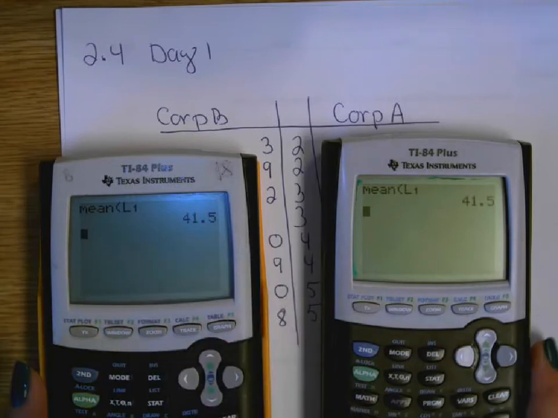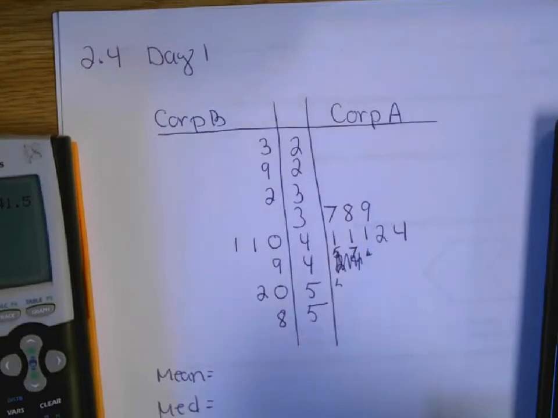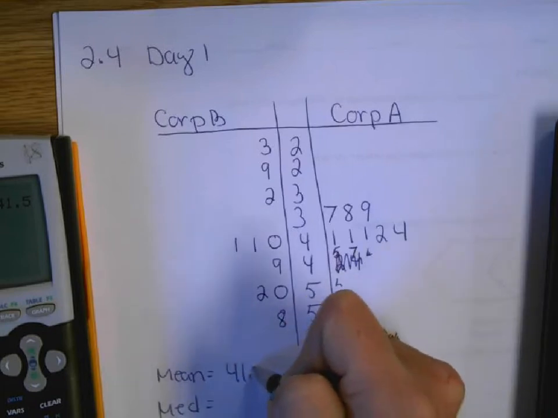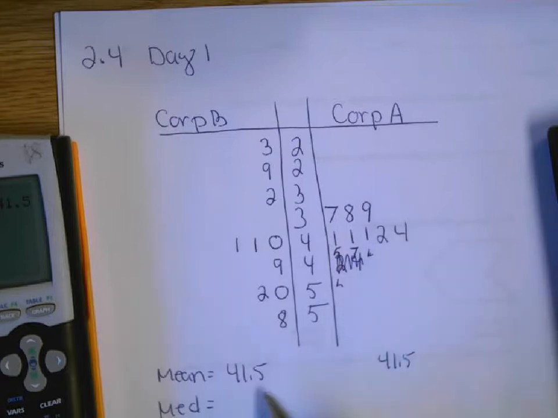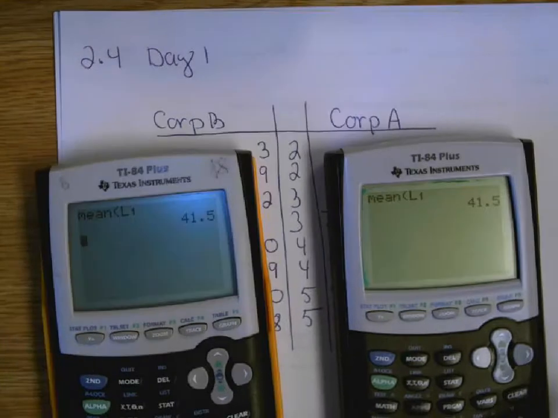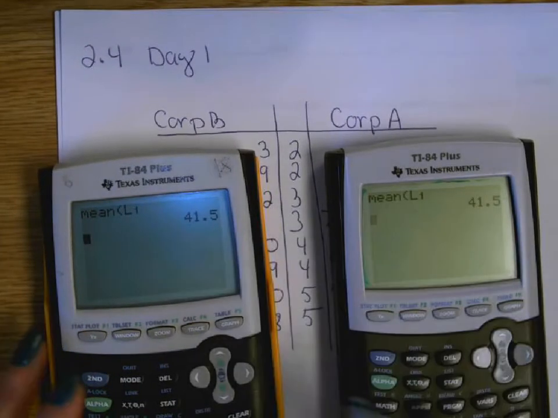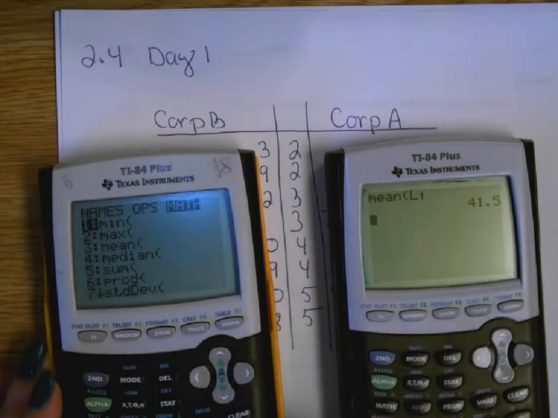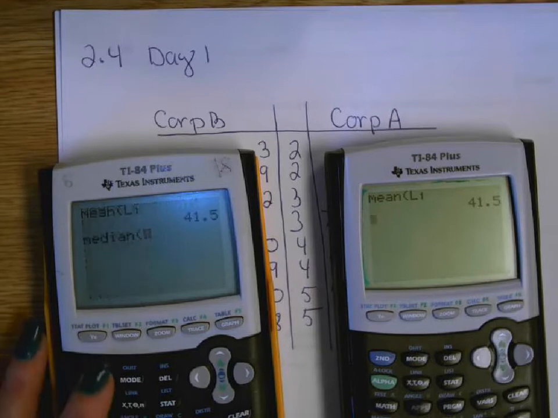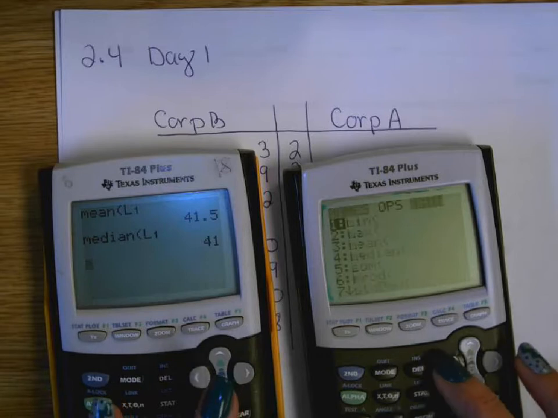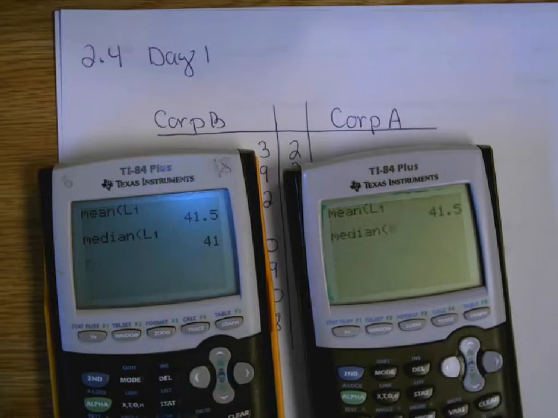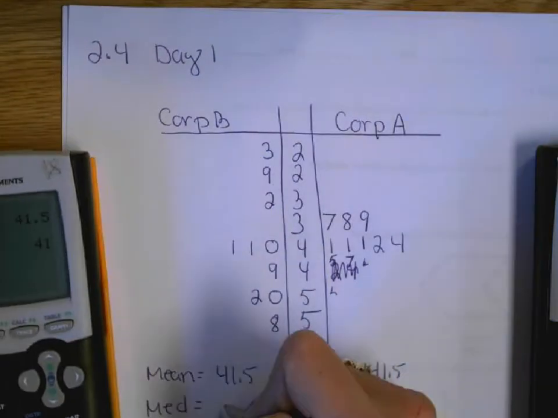Oh, okay, so both corporations have the exact same average starting salary. And remember, these are in thousands of dollars. Now we want the median salary. That's going to be the middle one. I could count, or I can go in here. Median is number 4 for list 1. $41,000. The median for list 1. $41,000.